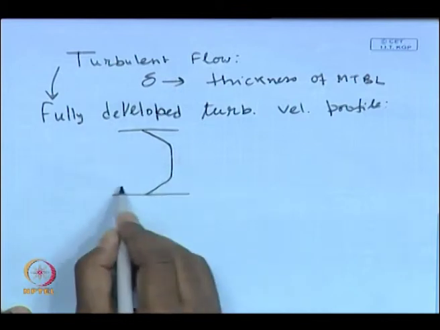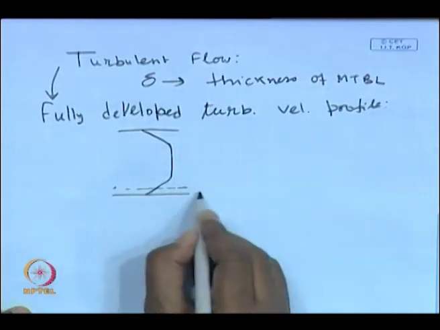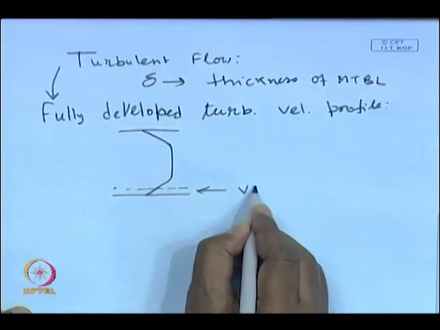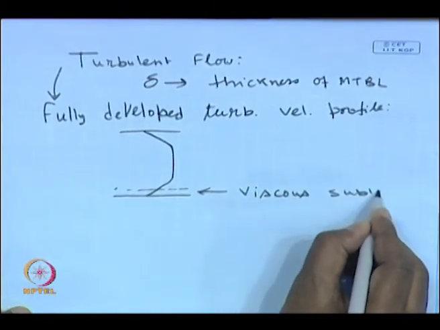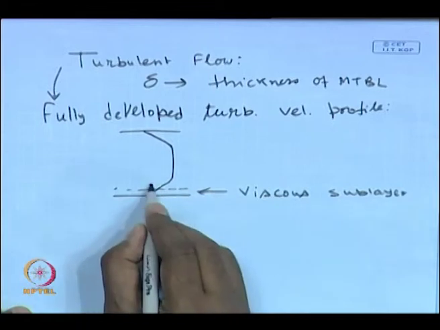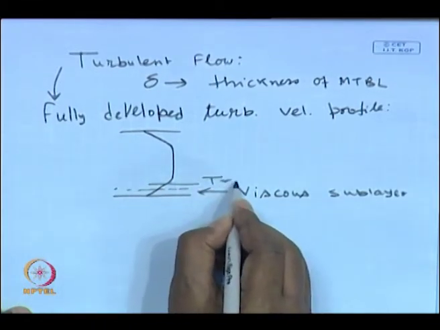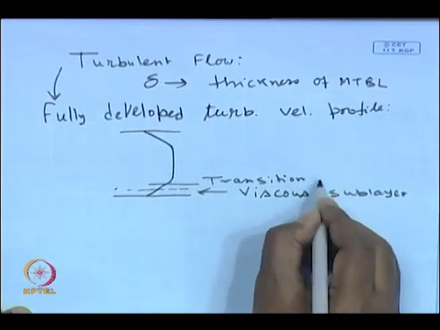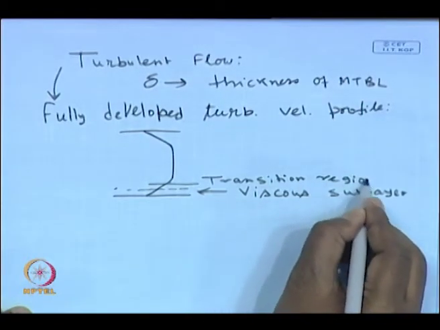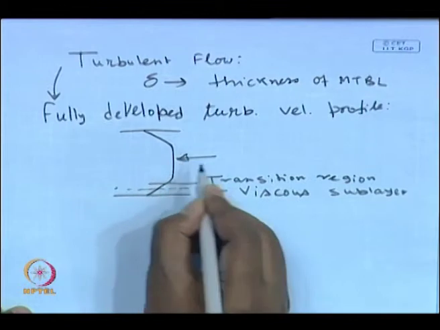There will be a thin region known as the viscous sublayer. Then you will have a transition region. Then you will have a turbulent core.